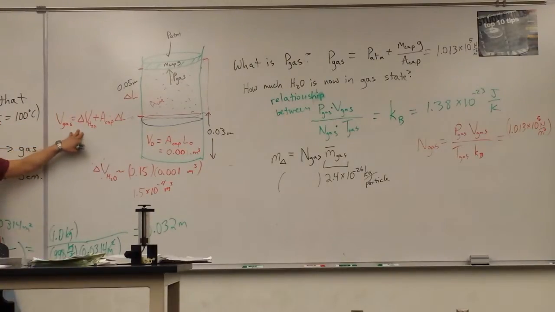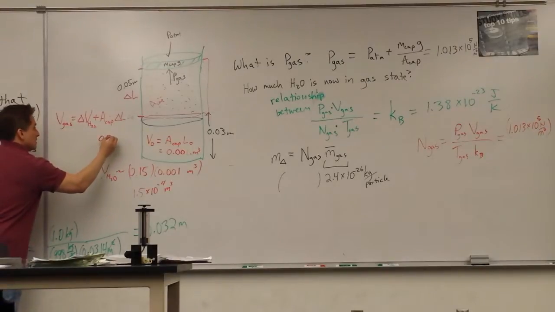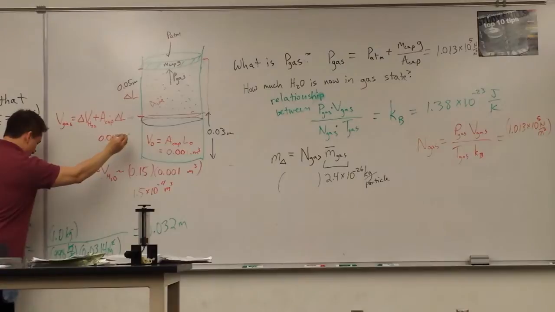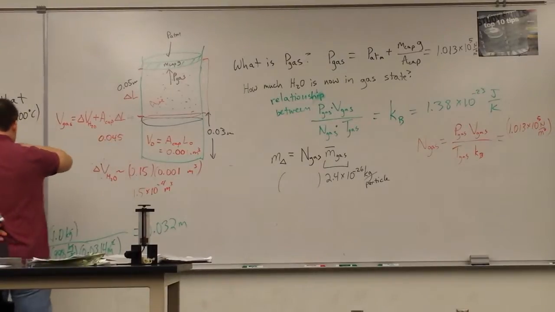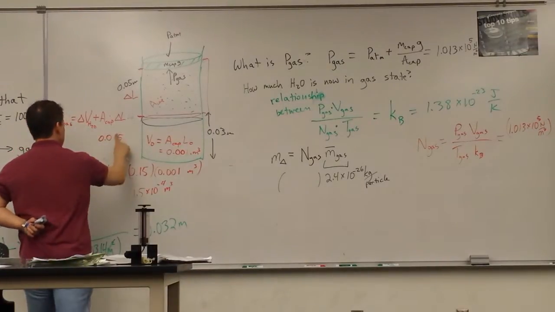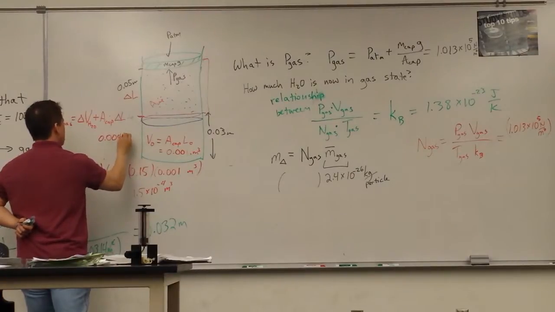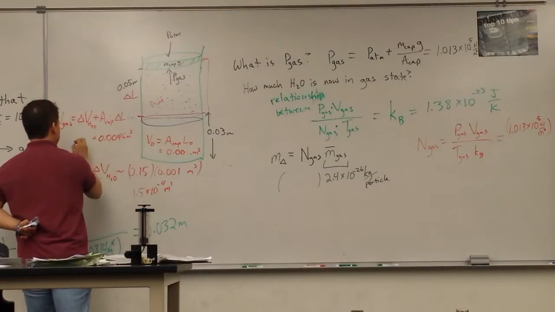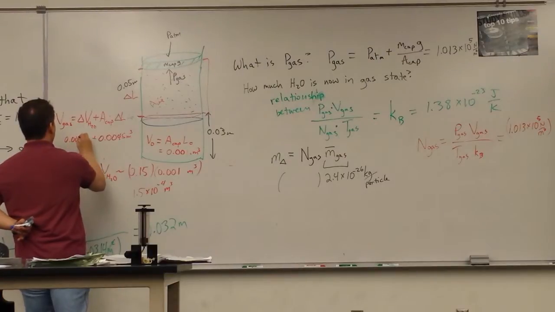This is probably going to be negligible, but I'll keep it for now just because. So we have, again, 0.0314 times 0.05 now. 0.015 or so? Or 0.045? 0.045. Plus 0.00015.